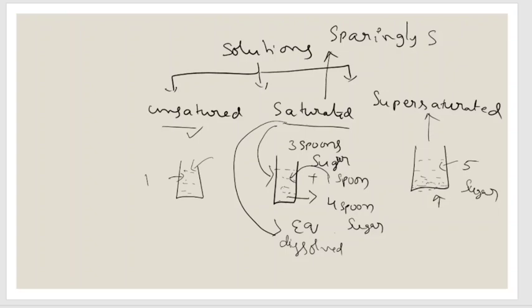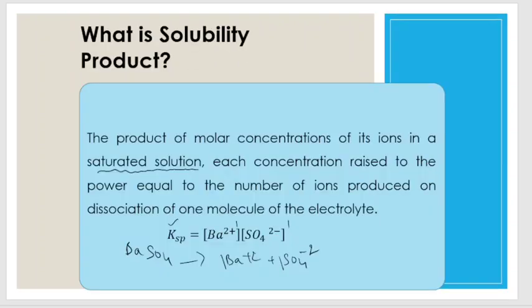Those salts which are sparingly soluble, or whose capacity to dissolve in the solvent is less, definitely have an equilibrium between undissociated particles and dissociated particles in the saturated solution. Once the equilibrium is established, the product of the molar concentrations of the ions is nothing but the solubility product. That's what they are saying here.